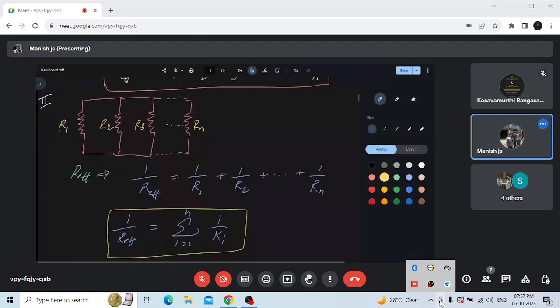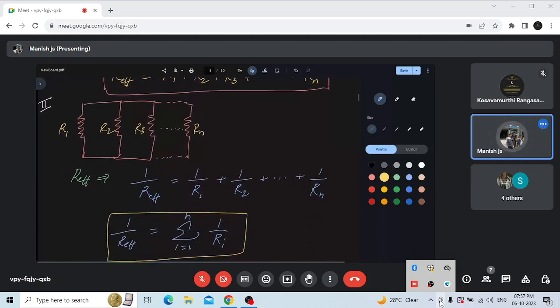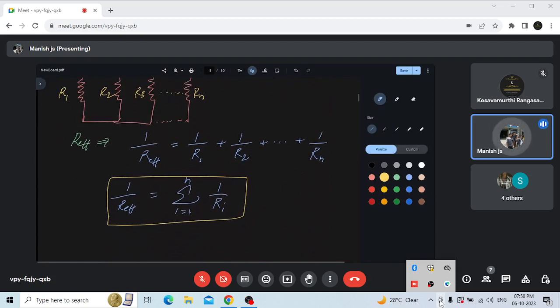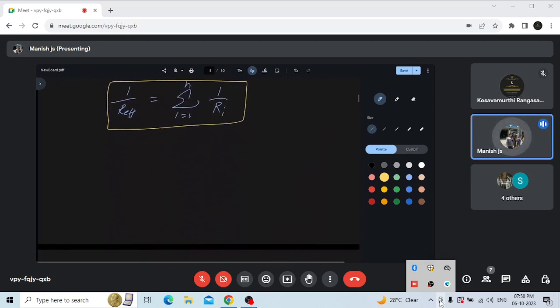So we have now learned how to find the total resistance in series and the total resistance in parallel. I hope this part is clear. Series we have seen, parallel we have seen. Now let's see some example questions.